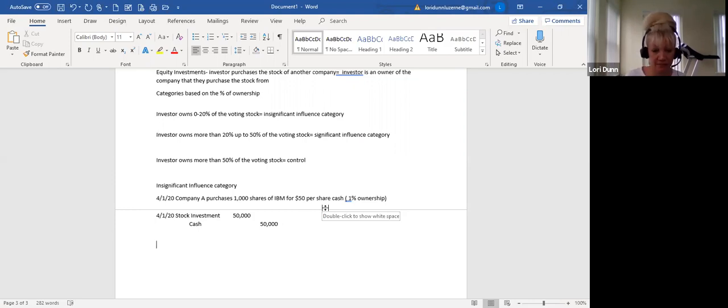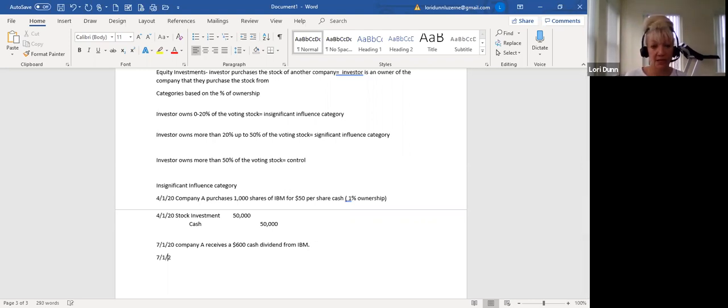But let's say on 7/1/20, Company A receives a $600 cash dividend from IBM.